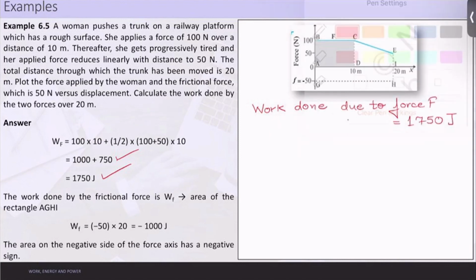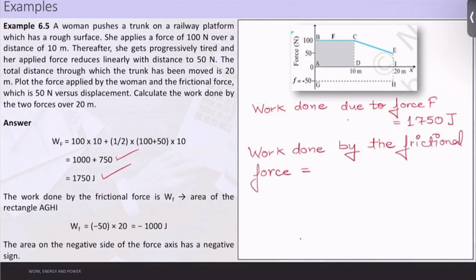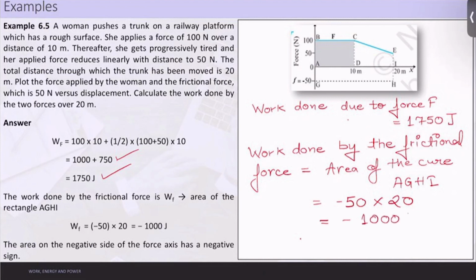The work done by the frictional force is again equal to the area under the curve, which here is AGHI. It's a simple rectangle, so you simply do minus 50 multiplied by 20, which is minus 1000 joules.